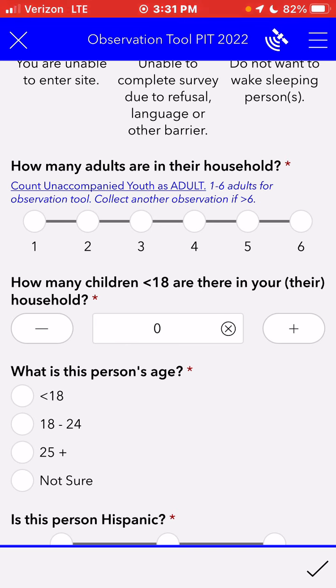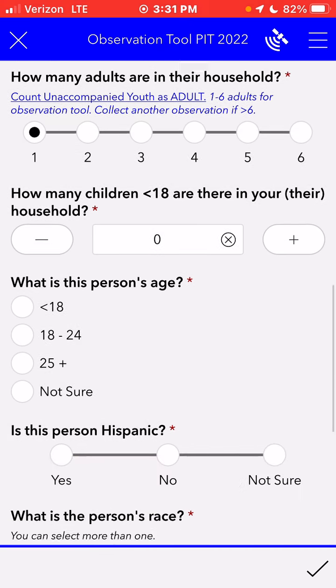If there are 1 to 6 adults, you can use this tool. However, if this family or this household has more than 6 adults, you'll need to complete this one and then load another survey and do the rest of those individuals on that survey. So for right now, we're just going to go with 1.